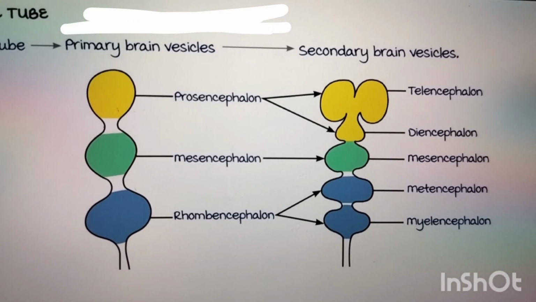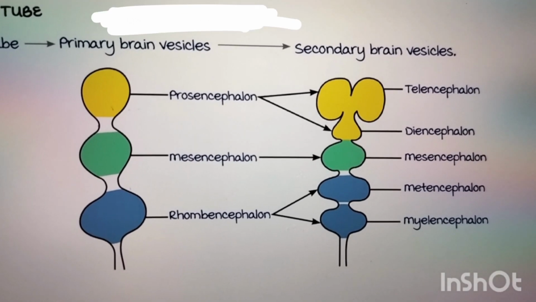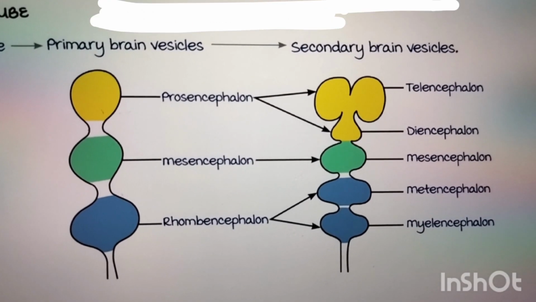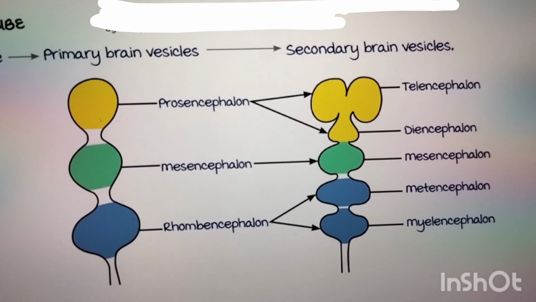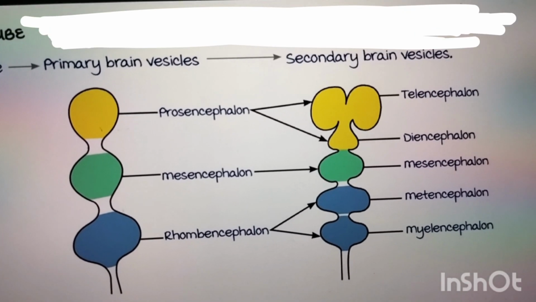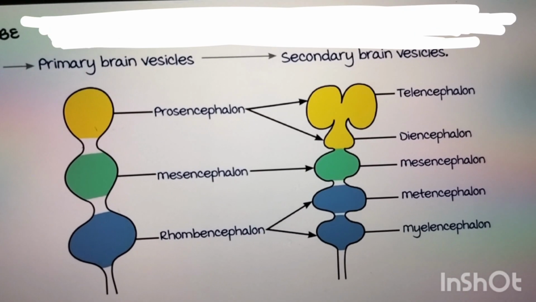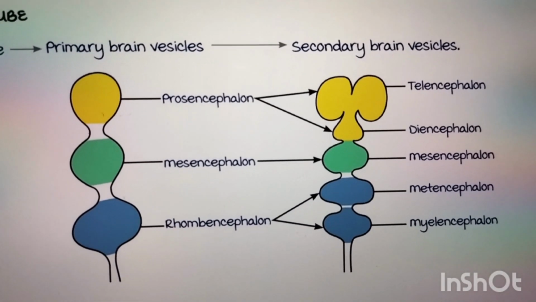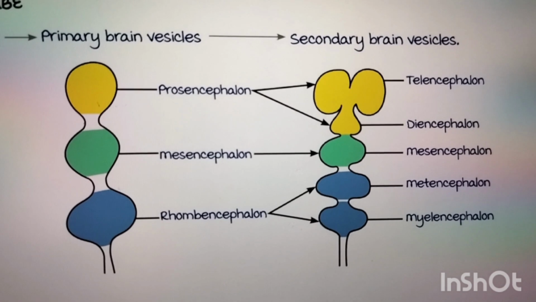Diencephalon is more downward and inside. It gives rise to all the thalamic parts, all the thalamic connections, like metathalamus, epithalamus, subthalamus, hypothalamus, and two other things, the optic stalk and neurohypophysis.